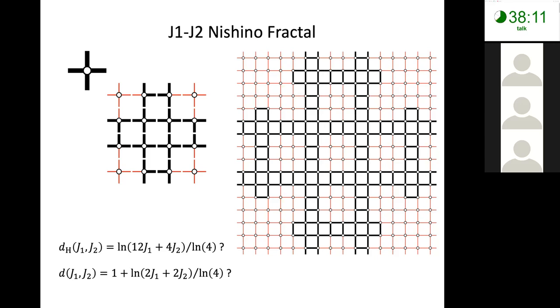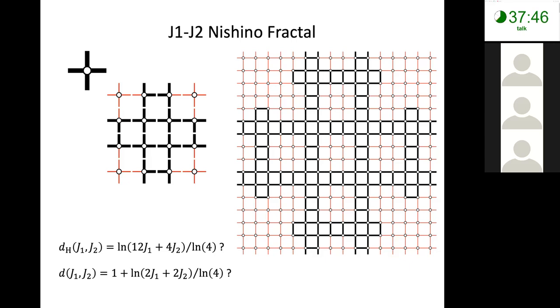These are J2 couplings, denoted by thin red bonds. When we set J2 equal to 0, we obtain a pure fractal lattice. When J1 is equal to J2, we obtain a regular square lattice.